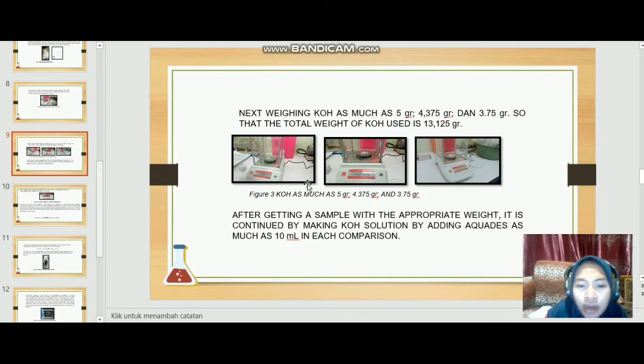This is the picture of KOH, 5 gram, 4.375 gram and 3.75 gram. After getting samples with the appropriate weight, we continue by making the KOH solution, adding aqueous as much as 10 ml in each comparison.